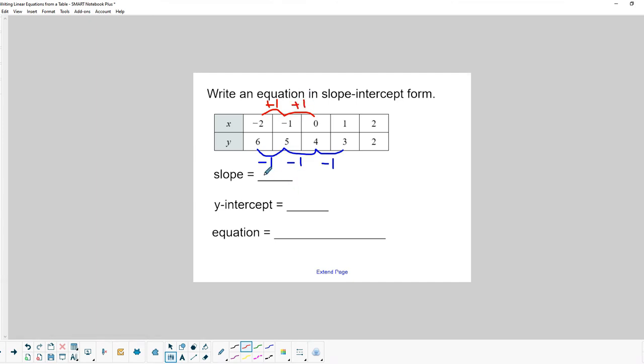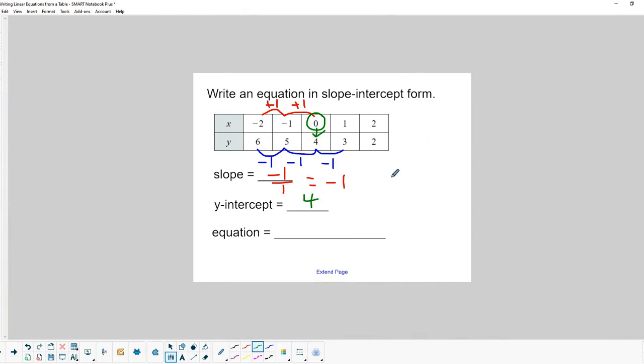So our slope is this change in y over the change in x, which is -1 over 1, or it could just be simplified to be -1, right? Now the y-intercept is where the x value is 0, so the y value that goes with that is where this line, if you graphed it, would cross the y-axis. So that value would be 4.